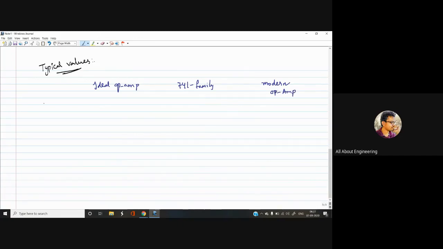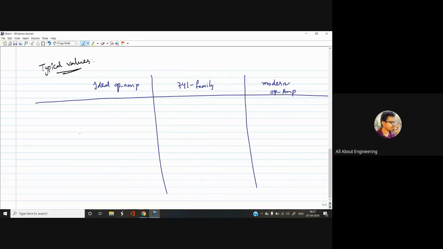Okay, so let us see what are the different parameters and how those values will be for these three things. The first thing is open loop gain A naught, and the second thing is input impedance. So these will give you a clear insight of how these values are different and how we can interpret these things.